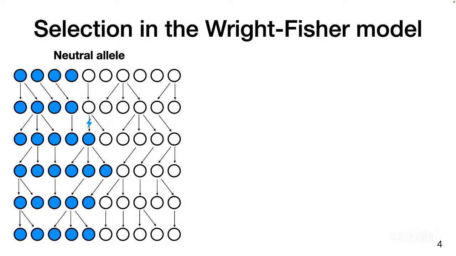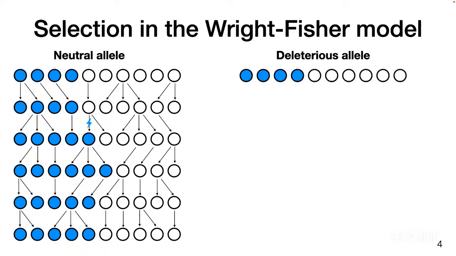Okay. This is the most vanilla version of the Wright-Fisher model, and we can start modeling things that are more exciting to evolutionary biologists. So for example, you might think, okay, most things are not neutral, variants are doing things, and they might impact an organism's fitness.